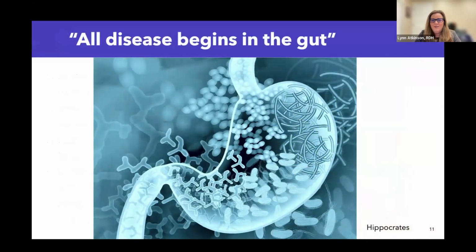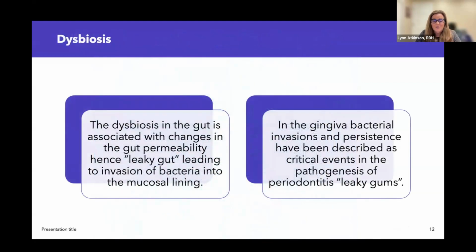Let's talk about where disease begins. Hippocrates said that all diseases begin in the gut, but all diseases in the gut begin with the oral cavity. So they have to get to the gut. I feel like it all starts with the oral cavity.